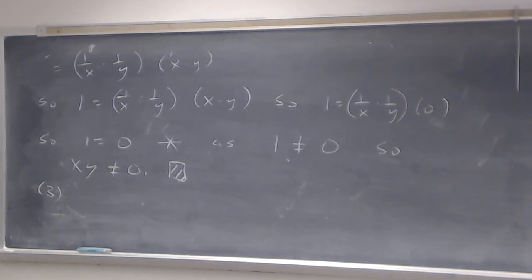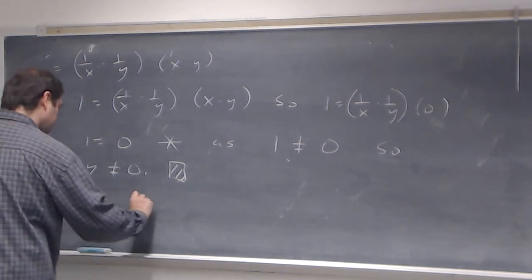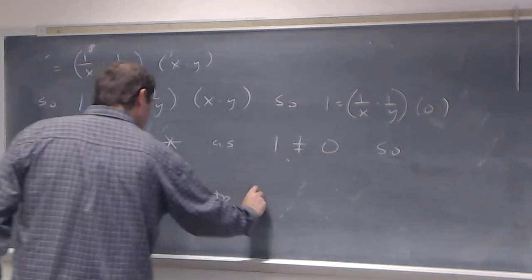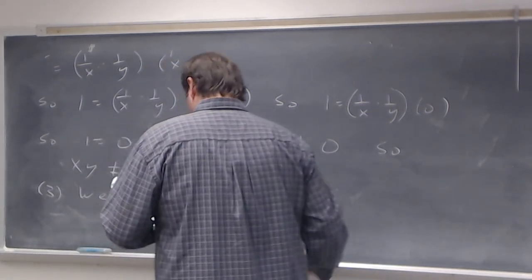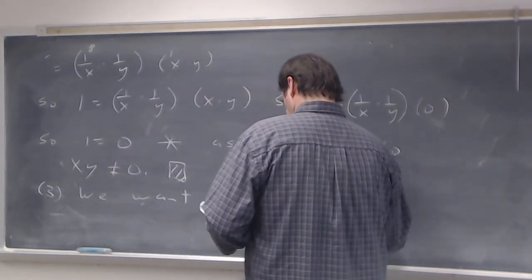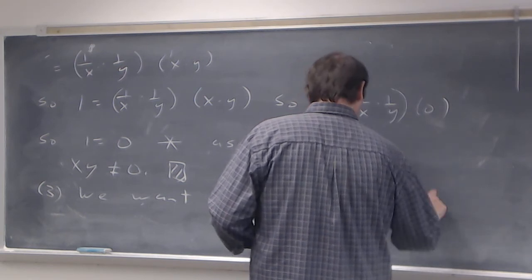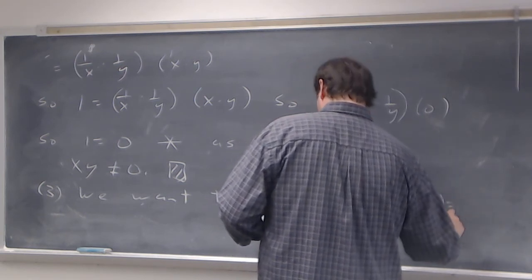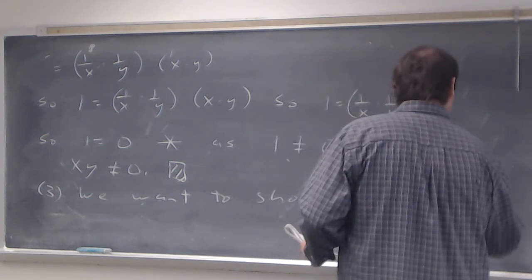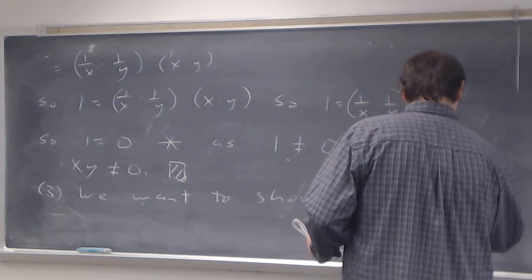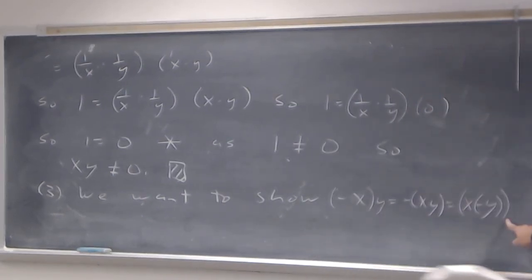Okay, the third thing we want to show is that minus x times y is equal to minus the quantity x times y, which equals x times minus y. That's what we want to show.